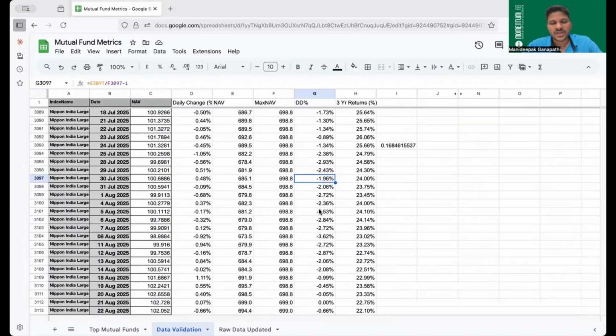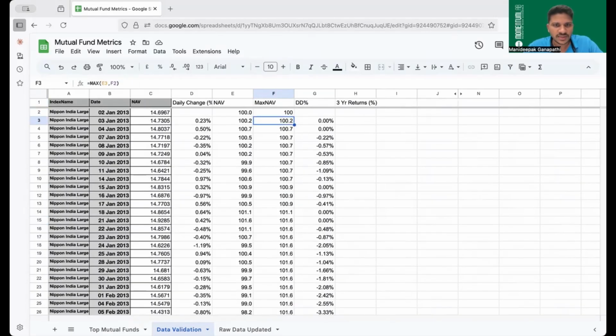There's also a way you can get the max drawdown from just these NAV numbers. Here you basically do a calculation to get the max NAV. On day one, it is 100. On day two, it is the max of that number and the previous number. And you go on till the end.